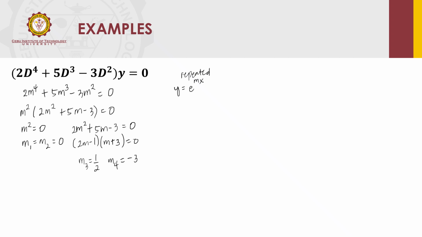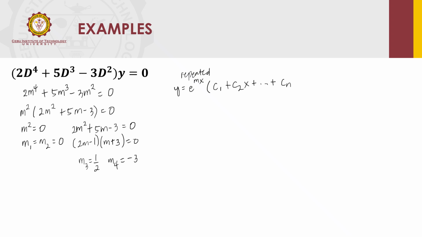And if it is repeated n times, you'll have c sub 1 for the first term, then c sub 2 times the independent variable in the second term, plus dot dot dot until the last, depending on the number of times the root is repeated.